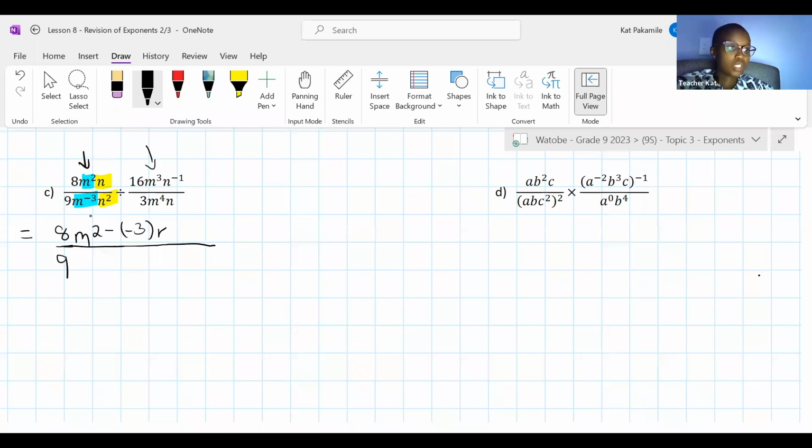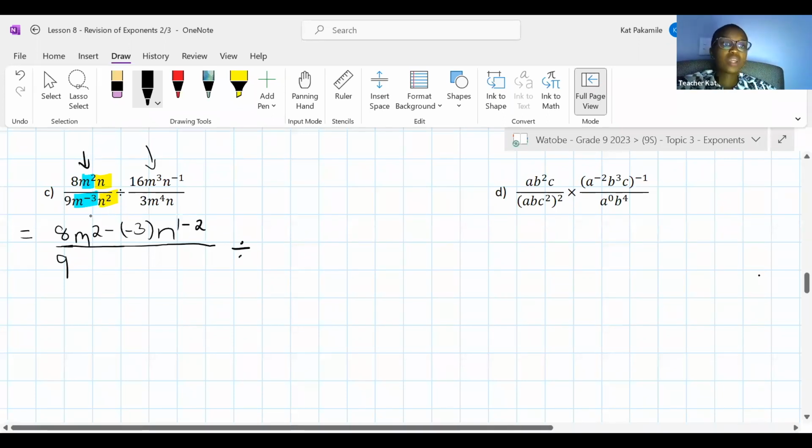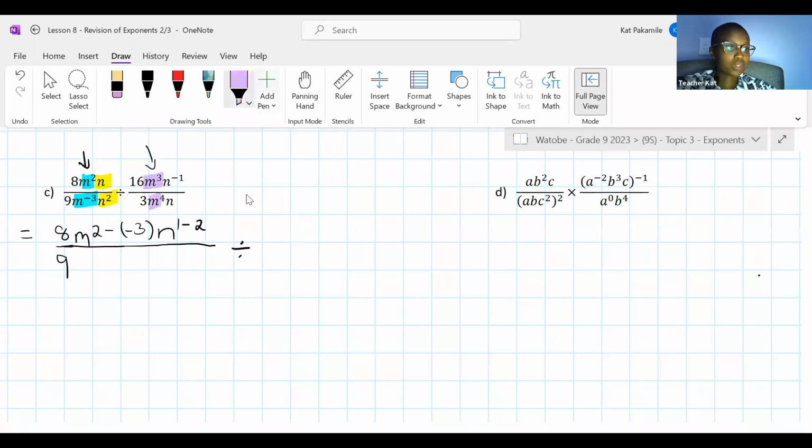Before I move on, do we all see what happened there? I just left the numbers the way they are because we couldn't do anything about them. And I subtracted our exponents because we are dividing. Are we happy? Yes, ma'am. Beautiful. I like it when we're happy.